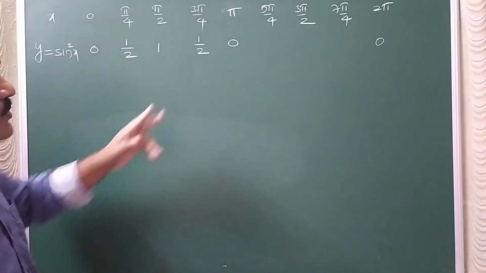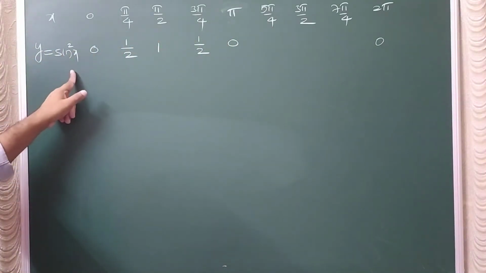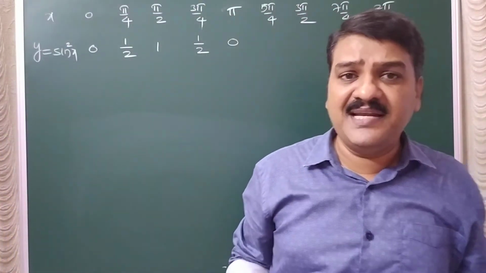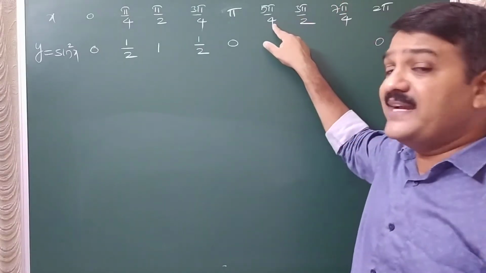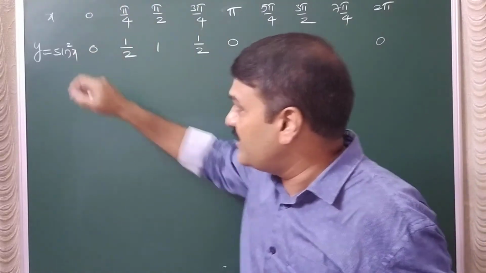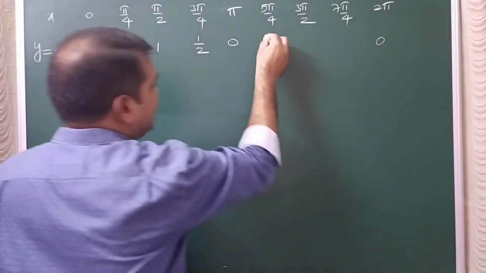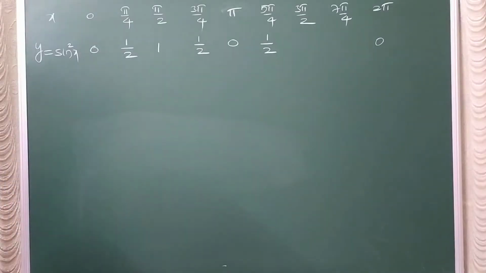When x is 5 pi by 4, this is sine square 5 pi by 4. Sine square 5 pi by 4 cannot be negative. If you take sine 5 pi by 4, we get minus 1 by root 2. But since we have the square, minus 1 by root 2 whole square comes to 1 by 2 only, because it cannot be negative.